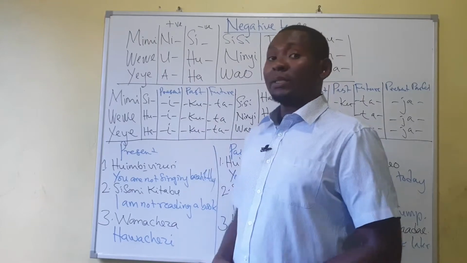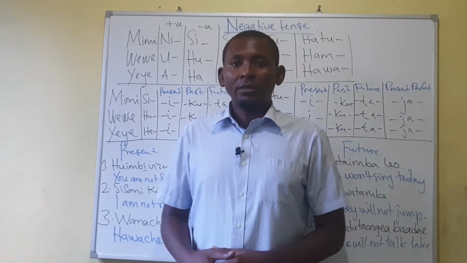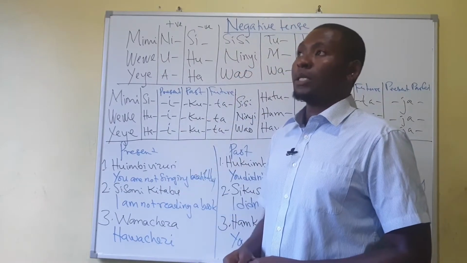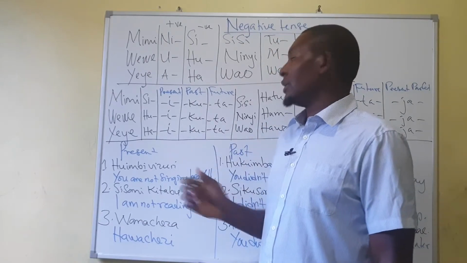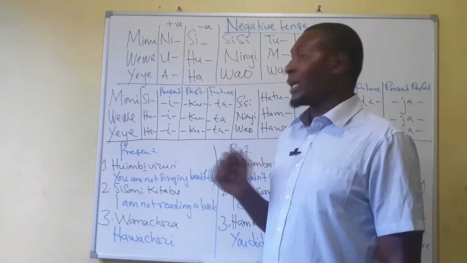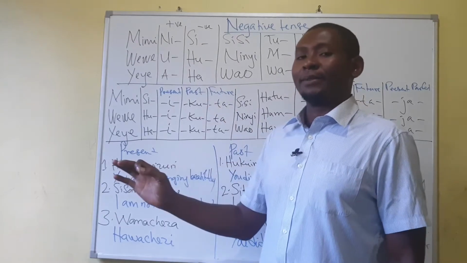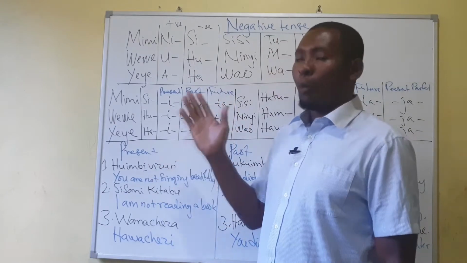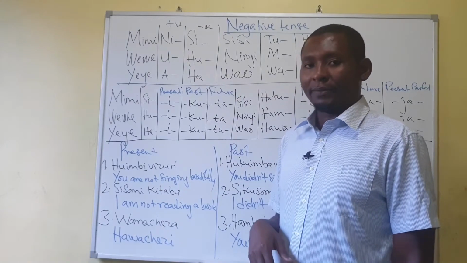And in past, remember in my tense lesson, in past, it is represented by li, but here in negative, it is ku. And in future, it remains the same, ta. Either in negative or positive, ta remains there.